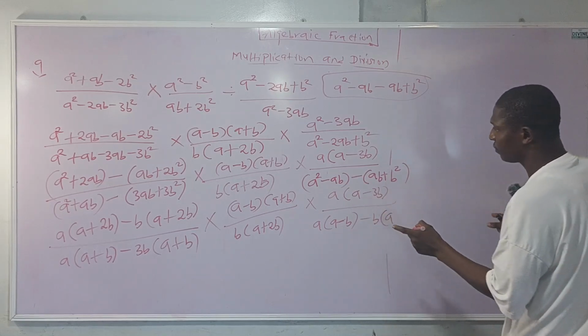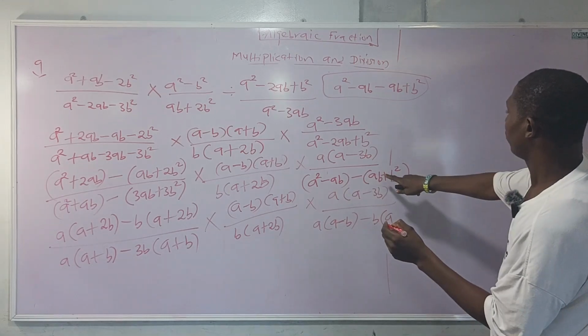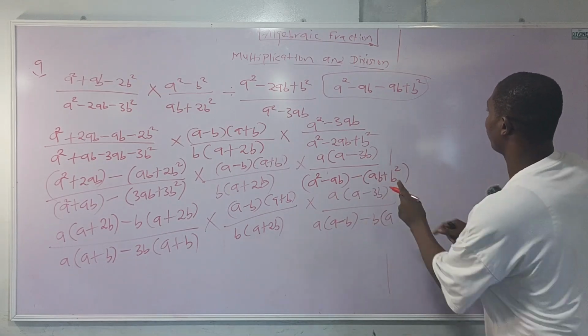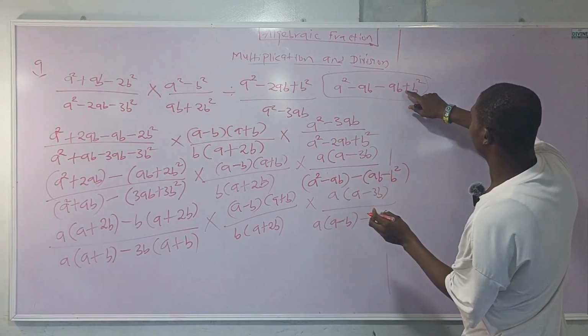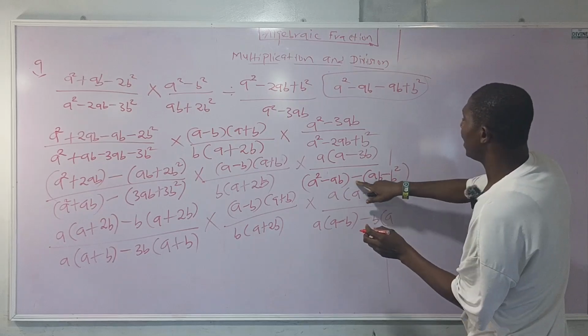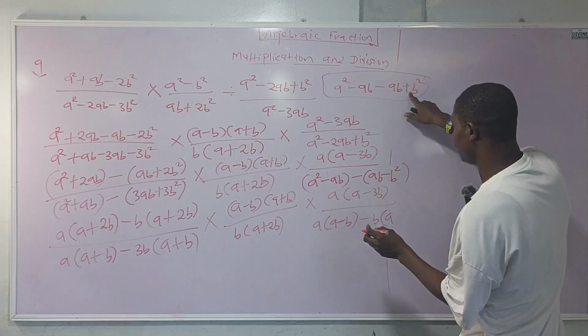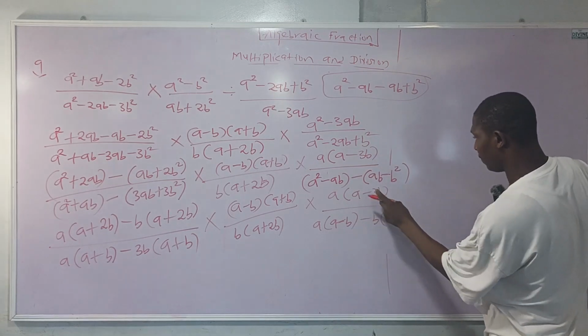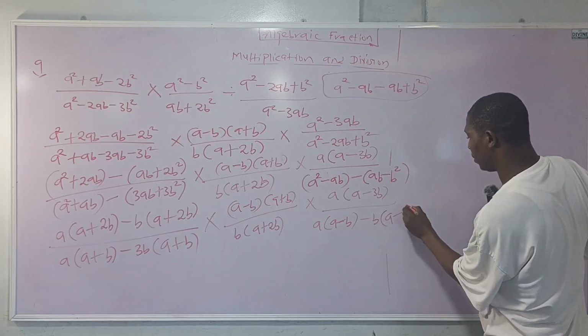And here is supposed to be minus. You can see it. Since here is positive, it becomes negative. And negative times invisible positive gives you negative. And negative negative gives you positive. So here is supposed to be negative, and b squared divided by b will give you b.